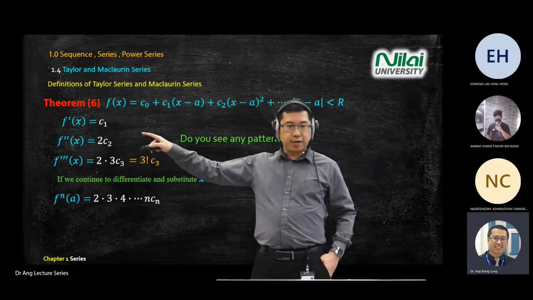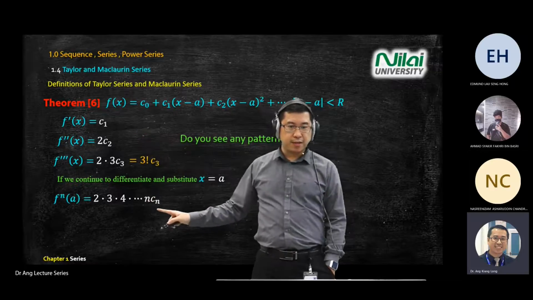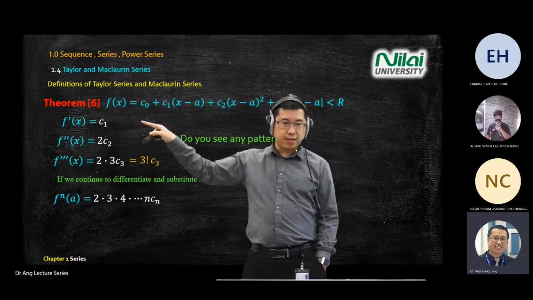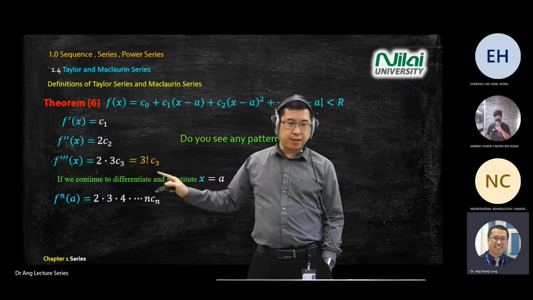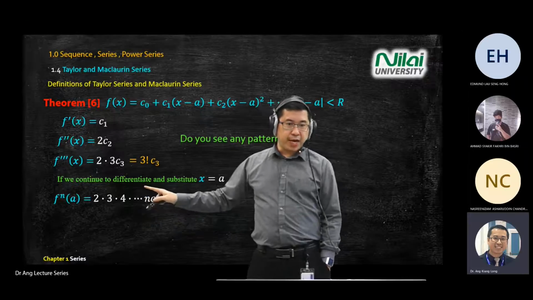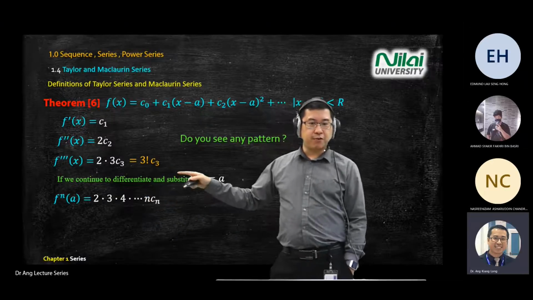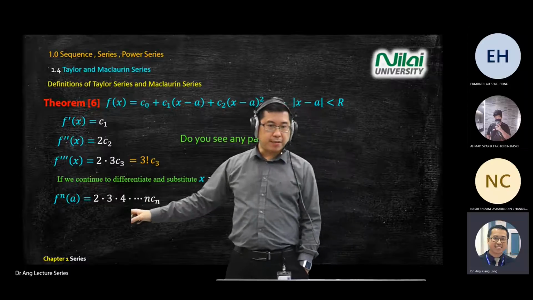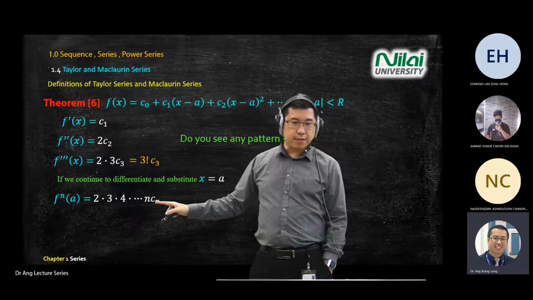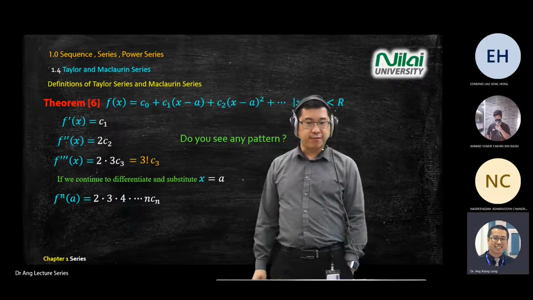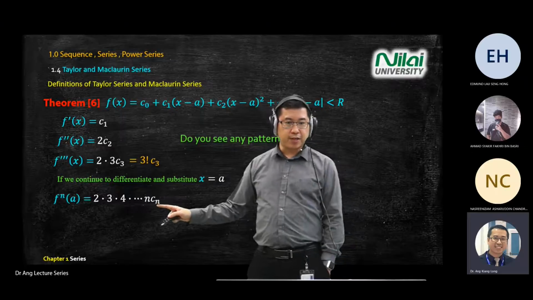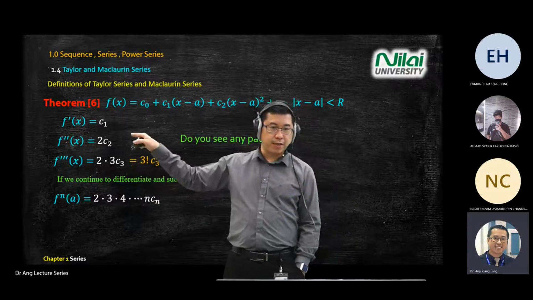So you can actually write this pattern in this form. All right. So you can write this differentiation pattern in this general equation. You can write f power n, n means the number of differentiations, equals 1 times 2 times 3 times 4, and then continue times, depending on the n that you have, and C sub n, n depends on the number of differentiations. For example, you take number 2.